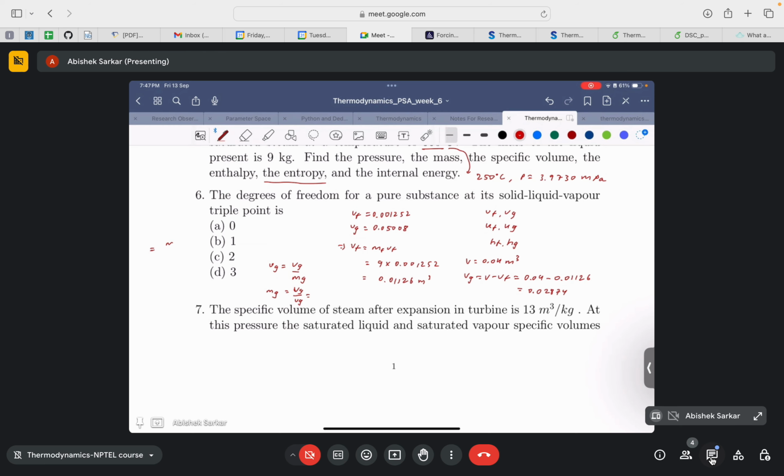Something is equal to mg by mf plus mg. What is this something? Very crucial property. Yes, the dryness fraction. Because to find the value of the thermodynamic properties within the liquid-vapor dome, you need to know the dryness fraction. It's a very crucial property, right? So to find out the dryness fraction, I am trying to find out the mass of the gas.